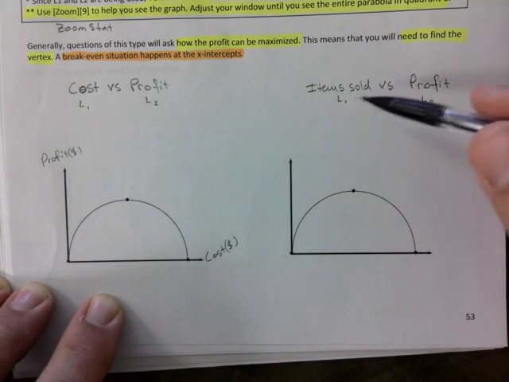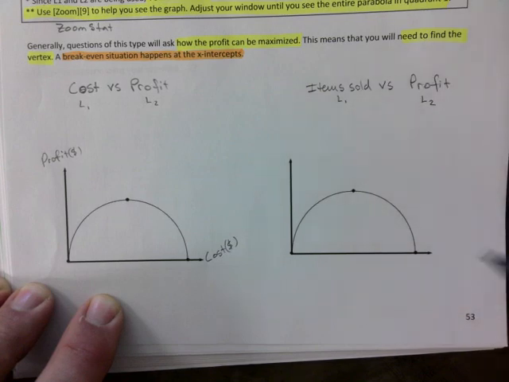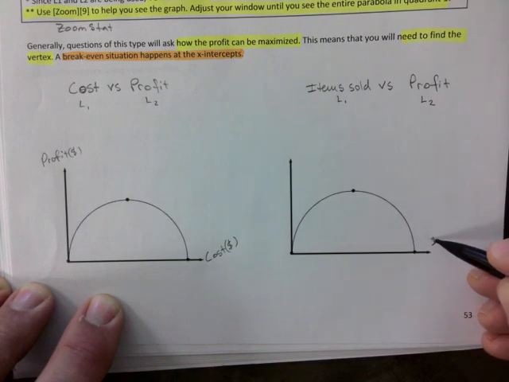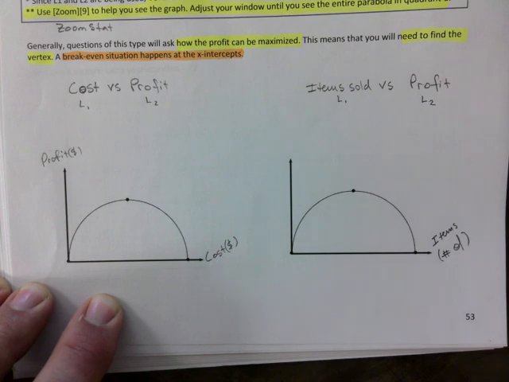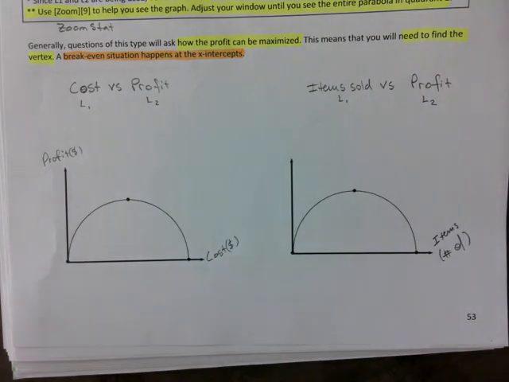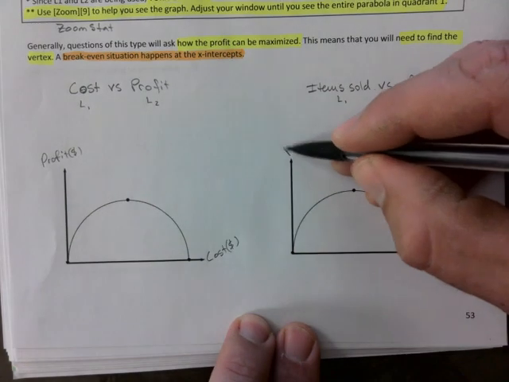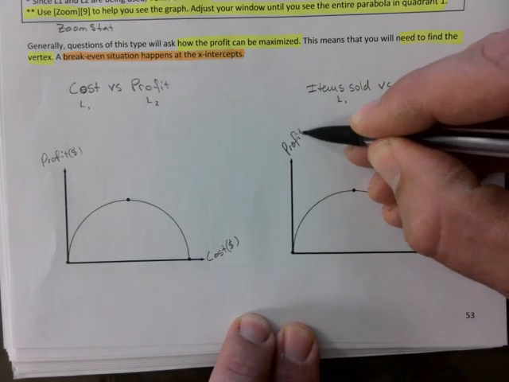If you were to look at the items sold versus profit, you would go items, right? And then the unit is usually number of, like number of items sold, number of canoe rentals, number of bookings, number of tickets sold. That's what I mean by that. And then you'll compare that to profit.